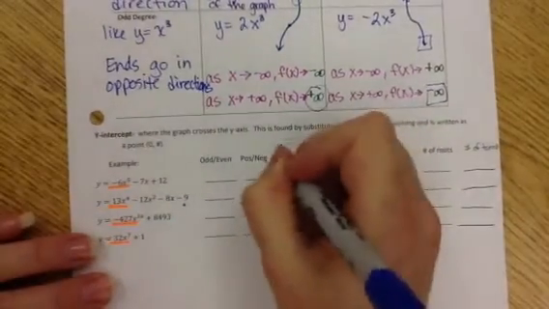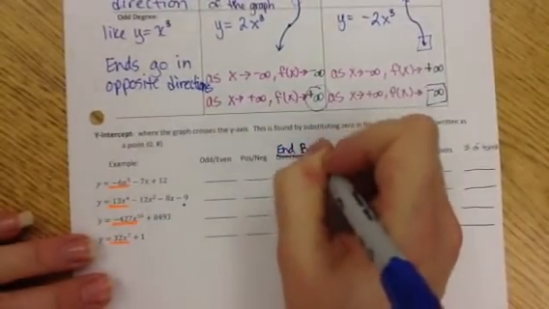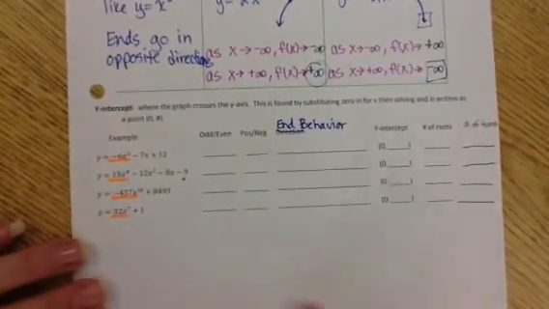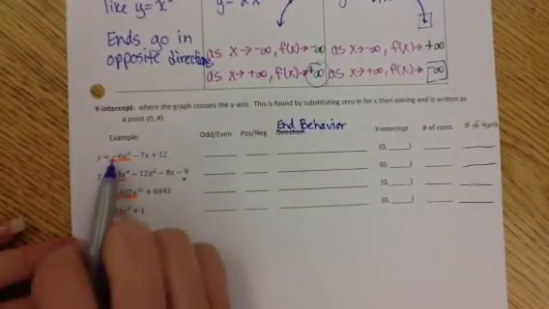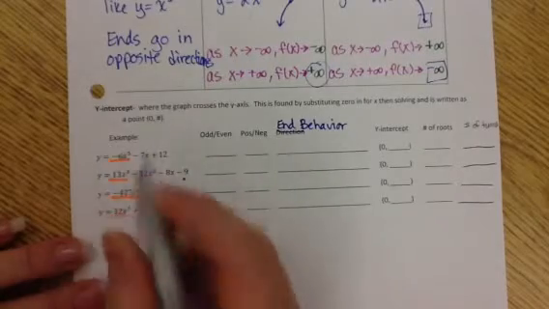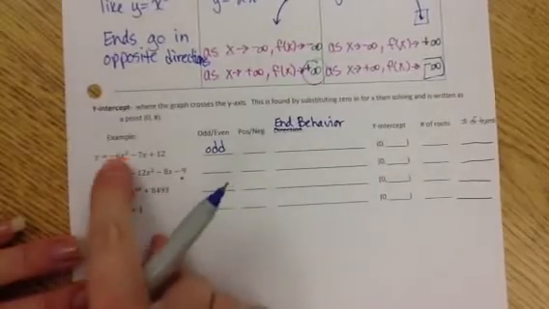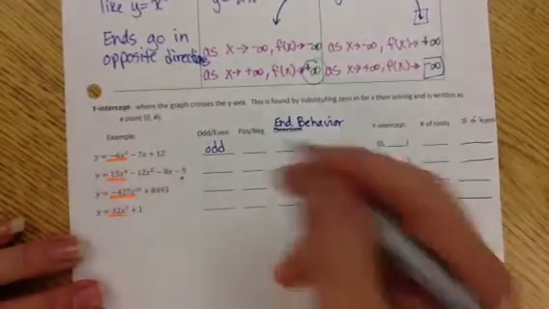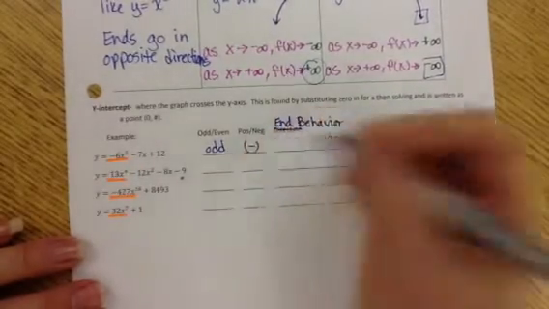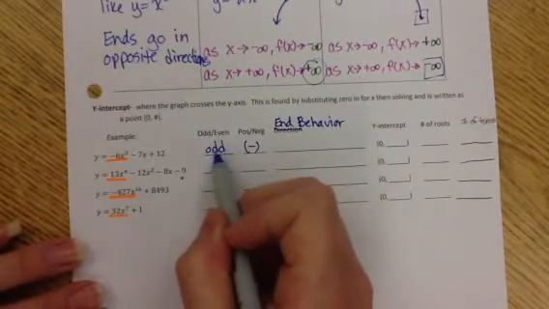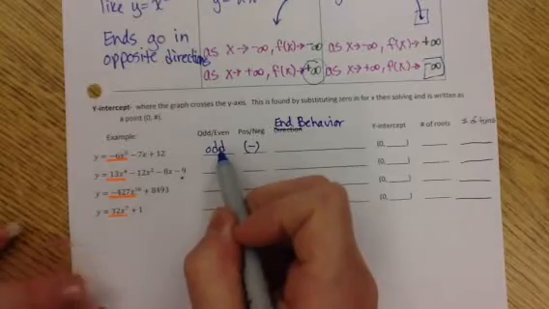So let's look at our examples that are written out here, just in terms of end behavior, which is what I mean by direction. So on my first example, negative 6x to the 5th, the degree of that term is odd, and the leading coefficient is negative 6, so it is odd and negative. Now I know that in an odd function, the ends go in opposite directions.